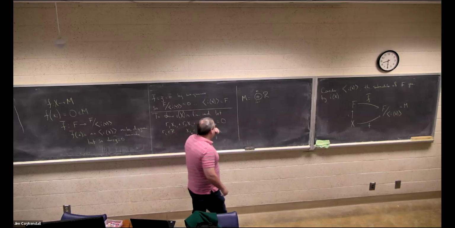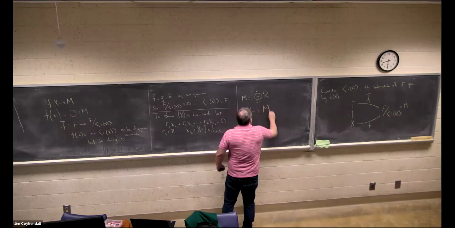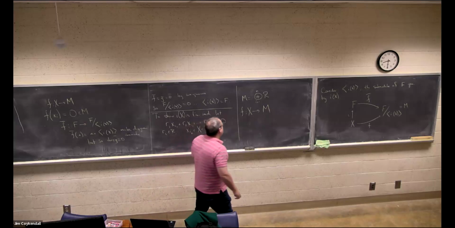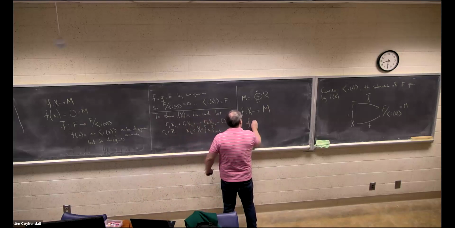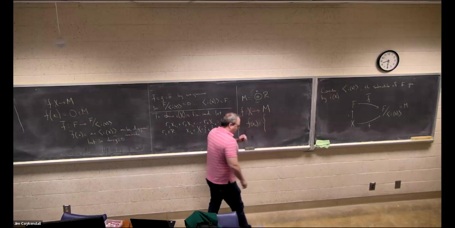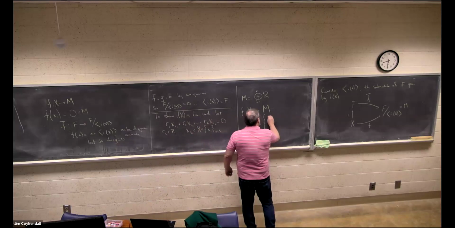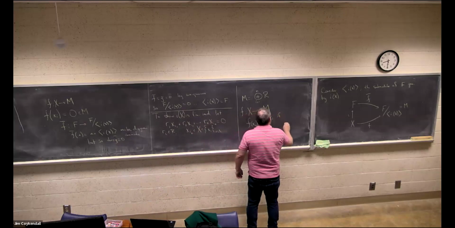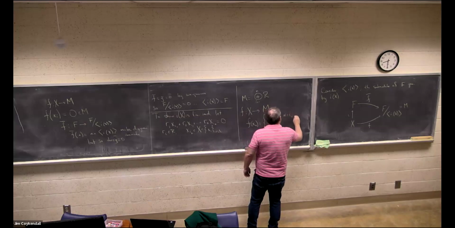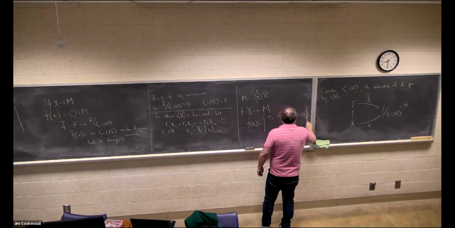And I'm going to define F from X into M via the following: F of X sub alpha is E sub J if alpha equals I sub J for some J between 1 and N.